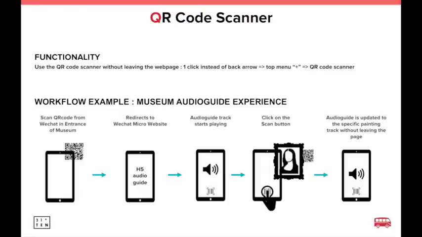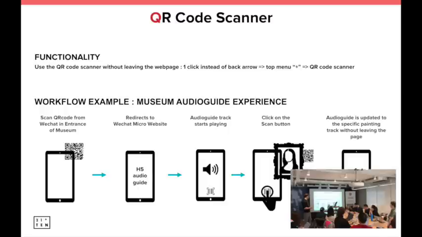But we can also imagine more complex systems. One of the systems I'm going to show you is a QR code scanner inside WeChat, a web page that is a QR code scanner. Why? Because WeChat gives you this functionality, and beyond that you can imagine some workflows.